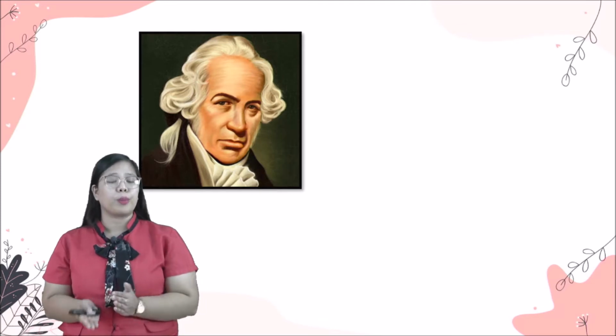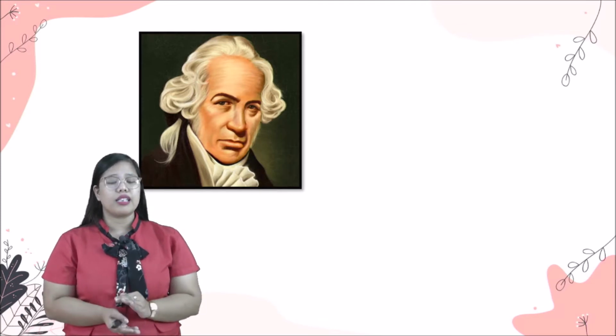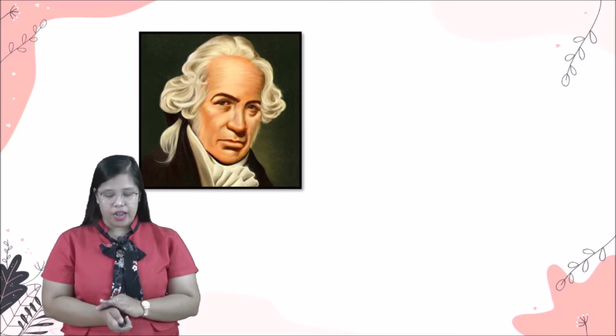Gabriel Fahrenheit. He set the freezing point for water at 32 degrees and the boiling point at 212 degrees. Again, Daniel set the boiling point for water in Fahrenheit as 212 degrees Fahrenheit, and the freezing point as 32 degrees Fahrenheit.